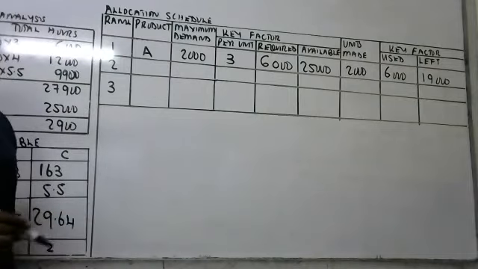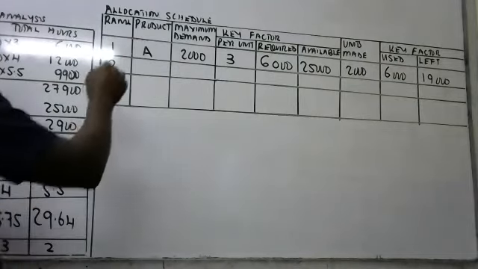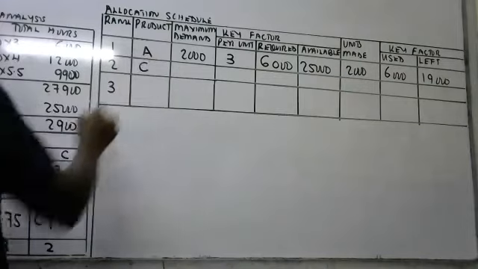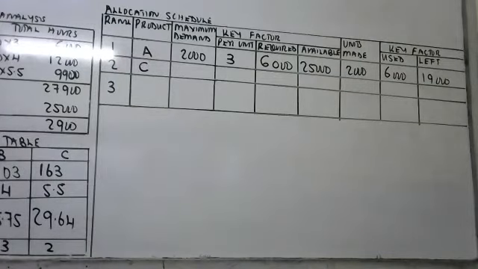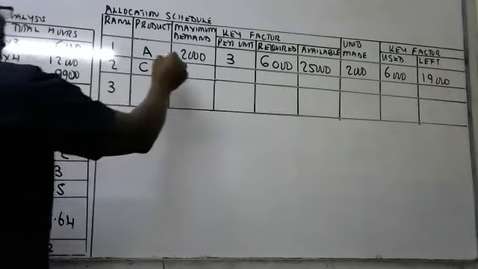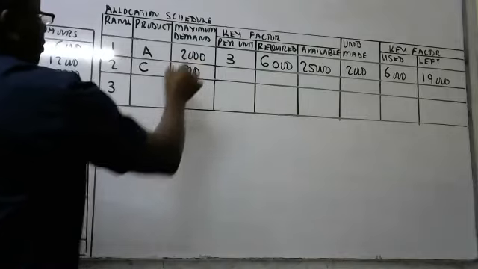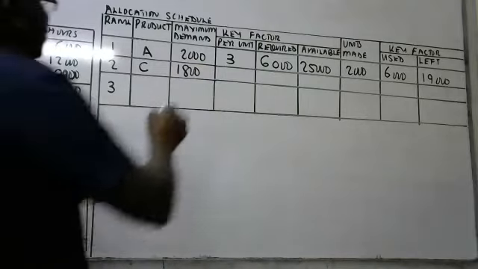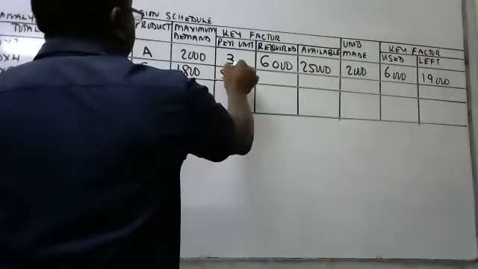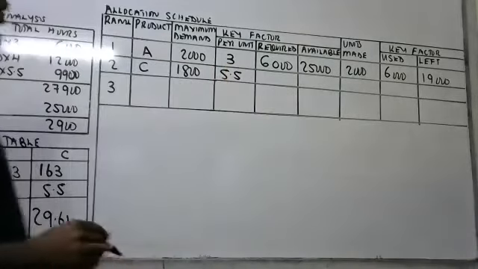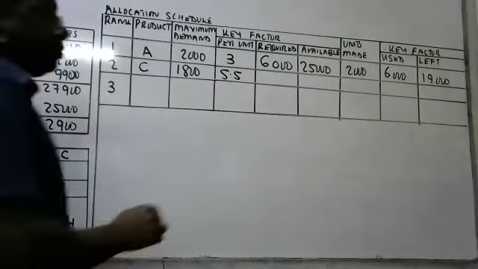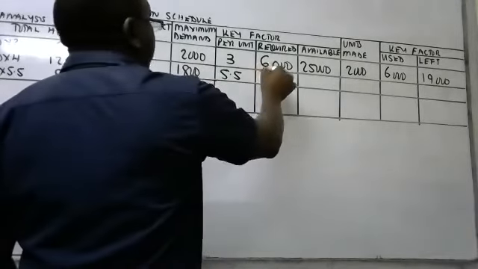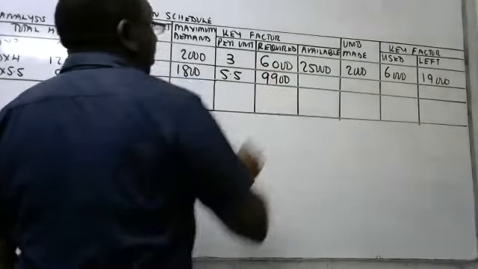Let us go to number 2, which is product C. Product C has a demand of 1,800 units, and 1 unit requires 5.5 hours. When you multiply that, you get 9,900.